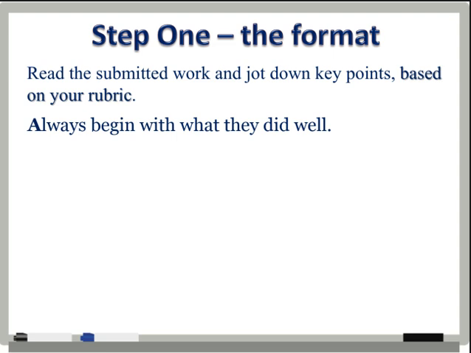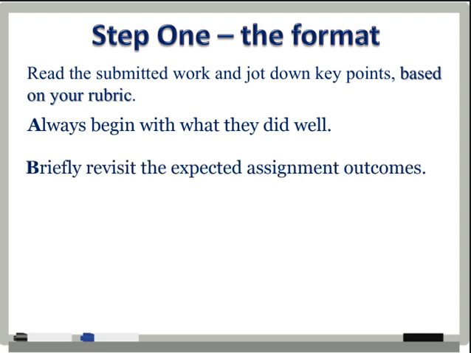So begin with what they did well. Briefly revisit the expected assignment by using the rubrics, and I'll share that with you, not in MoveNote, but in one of the other tools in just a second. And while you're there, correct any misunderstood requirements.